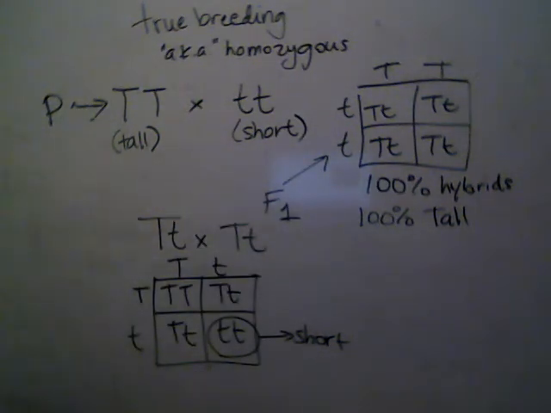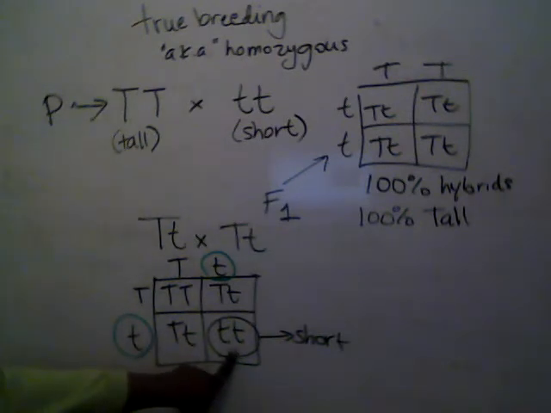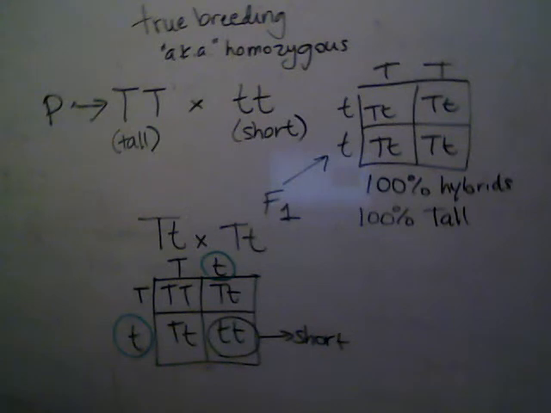Well, the answer would be that this short plant that's here received a recessive allele from one parent and a recessive allele from the other parent, and that's how they got the little t. So that should help you in answering question number 4.